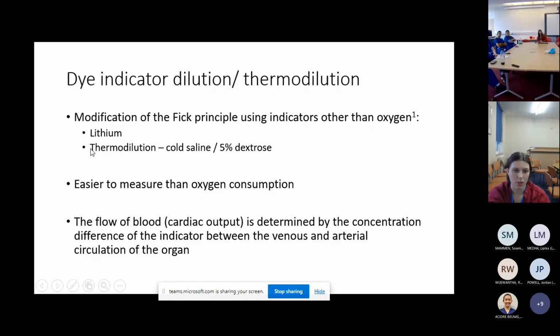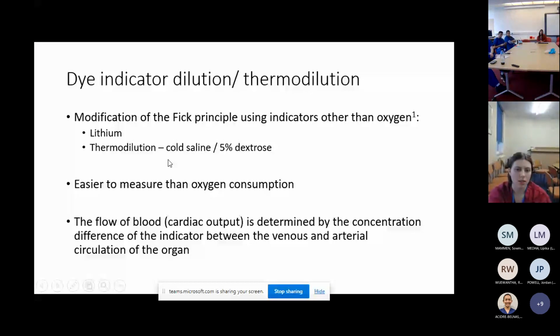So it's a similar principle, just using the known volume rather than the oxygen consumption as previously mentioned. Lithium is used because it's a relatively non-toxic chemical. It's also not found naturally in the body, so it's not going to get confounded by natural lithium in the body, and it's not going to metabolize as it goes through the organ or the heart.